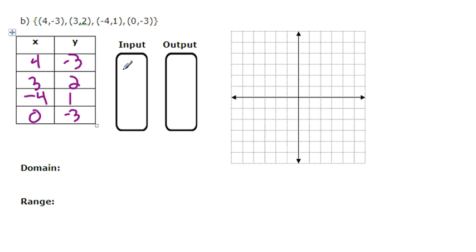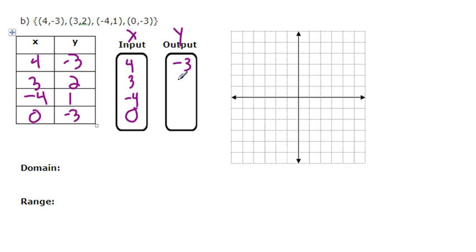As a mapping, I have 4, 3, -4, 0. Input is just another word for all of the x values. My outputs are all of my y values. Again, -3 is written twice in the table. I only write it once as a mapping.